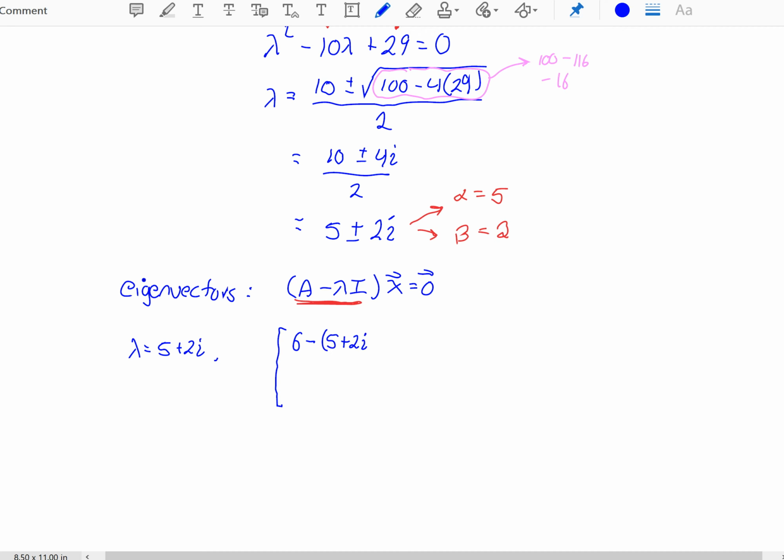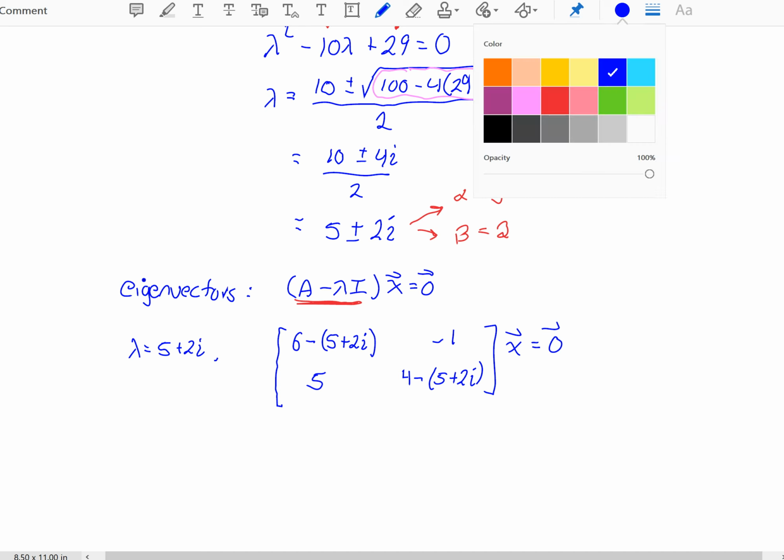And I strongly encourage you to make sure you use parentheses here to make sure that you distribute that minus sign to both terms. Minus 1, 5, and then 4 minus the 5 plus 2i, times some vector x will give us the 0 vector.